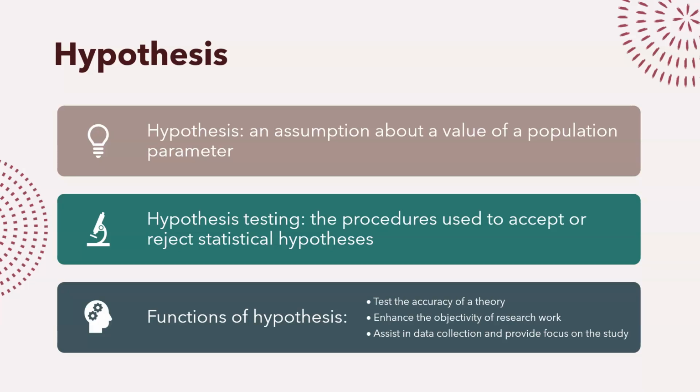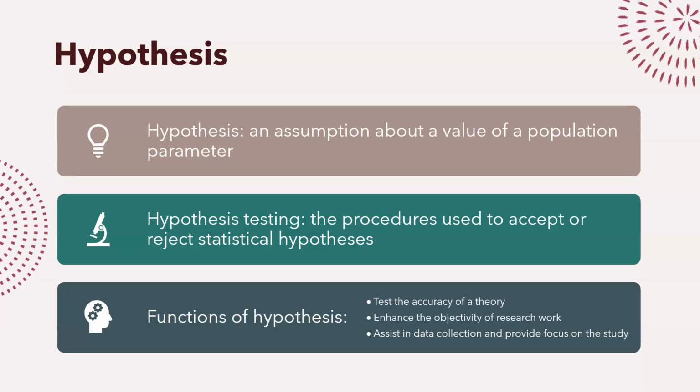The best way to determine whether a hypothesis is true or false is to examine the entire population. This is impractical in most situations, so a random sample is normally taken from the population and tested. If the sample data is not consistent with the hypothesis, the hypothesis is rejected.